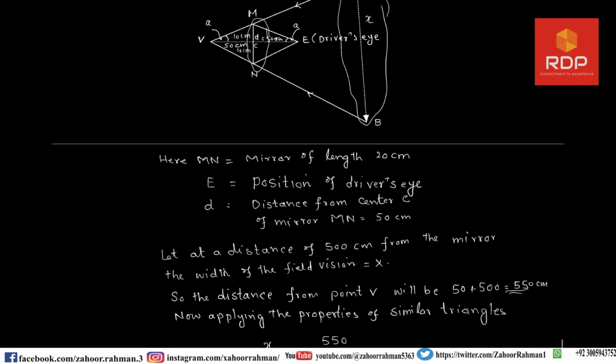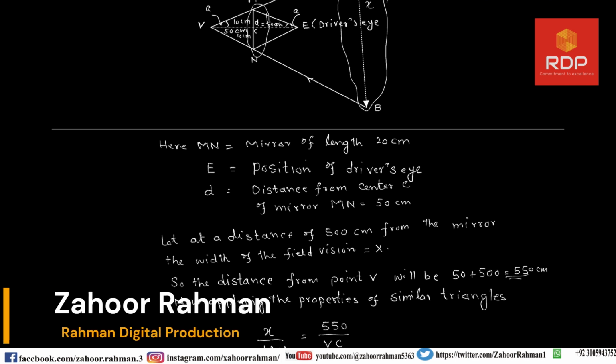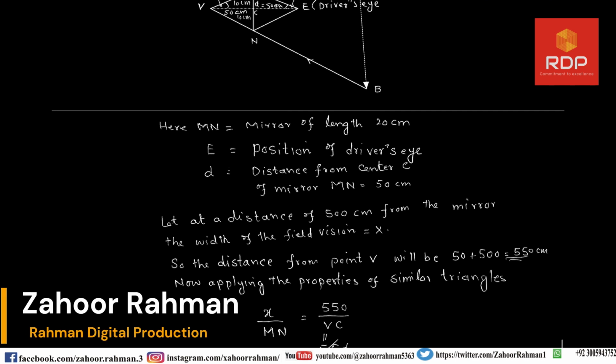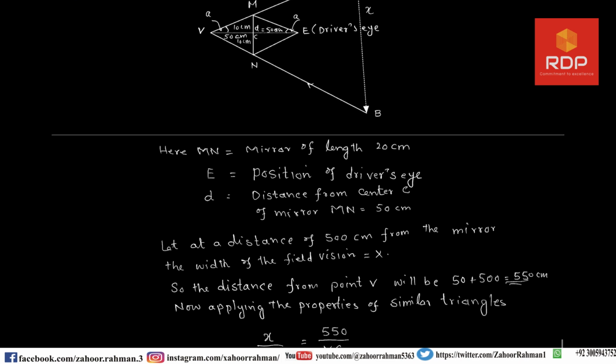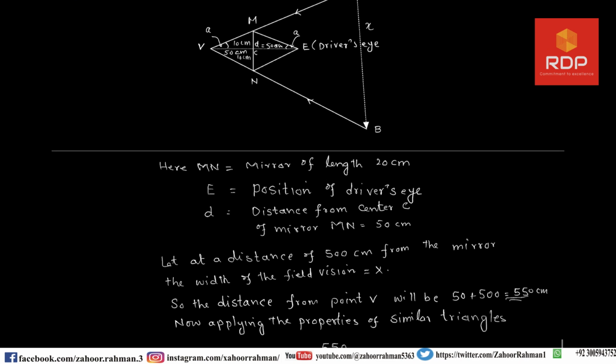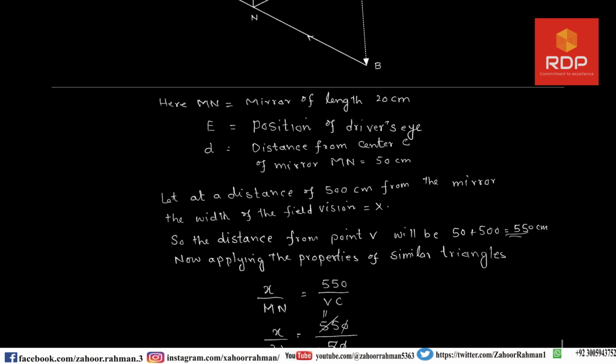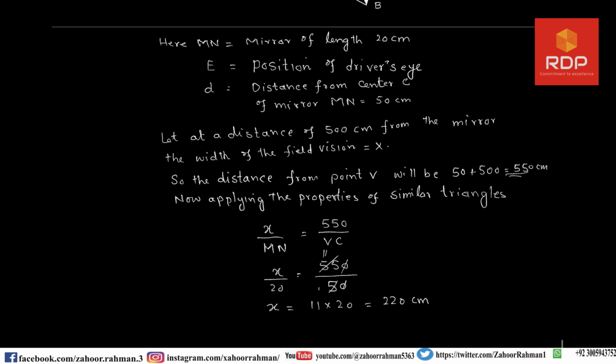And here I wrote that the two ratios are equal, and the second ratio will be equal to this, to this VC. So we have written 500 and VC. The rest is a simple calculation.